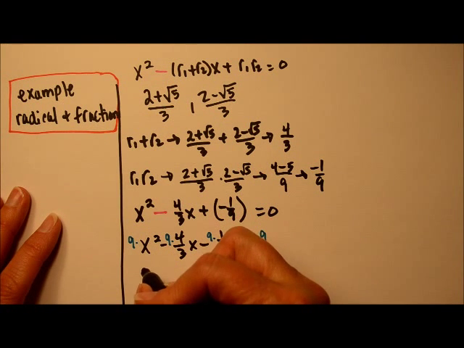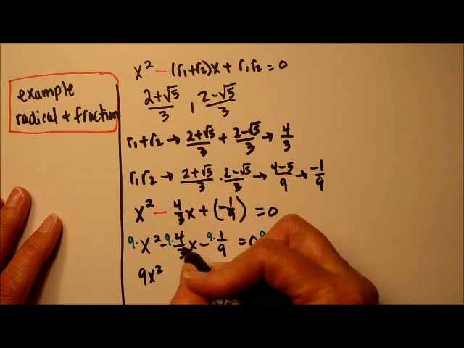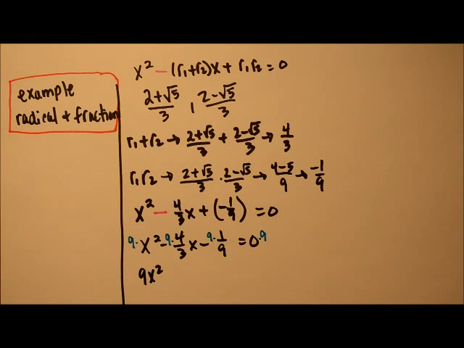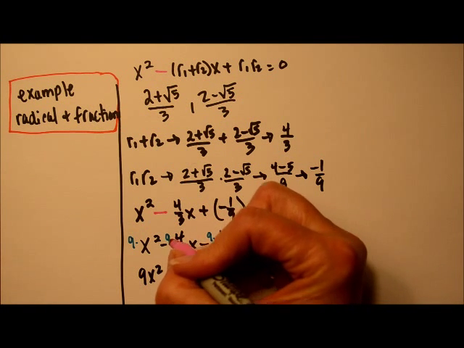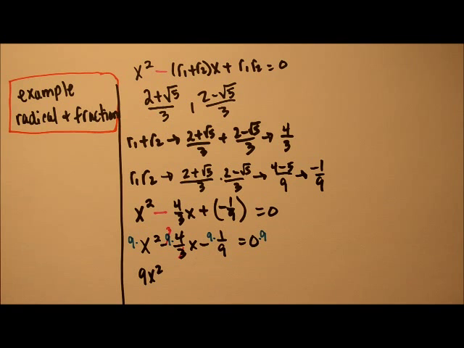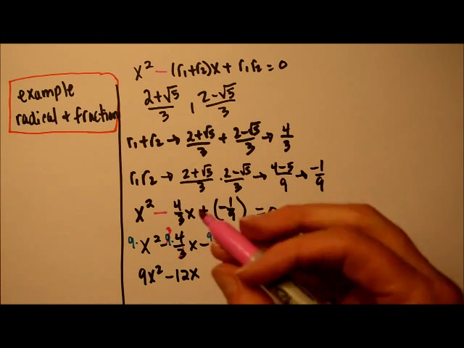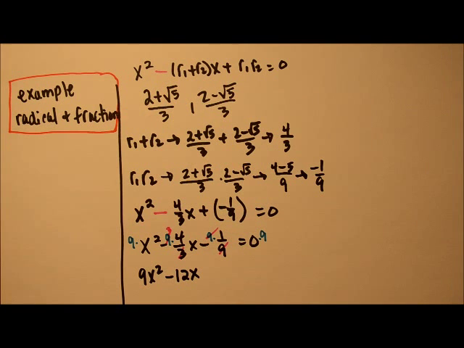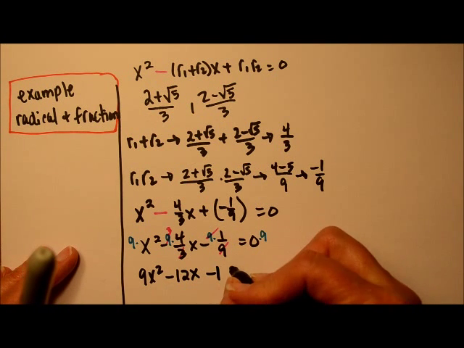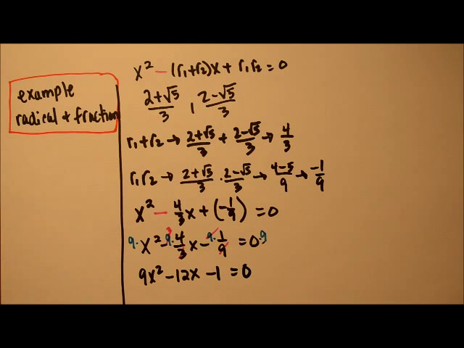So that's going to give me 9x squared. 3 goes into itself once and into 9 3 times. So that's going to give me 12. So minus 12x. These are going to cancel out, and I'm going to end up with minus 1. And 0 times 9, of course, is 0. And there is my answer, just like that.